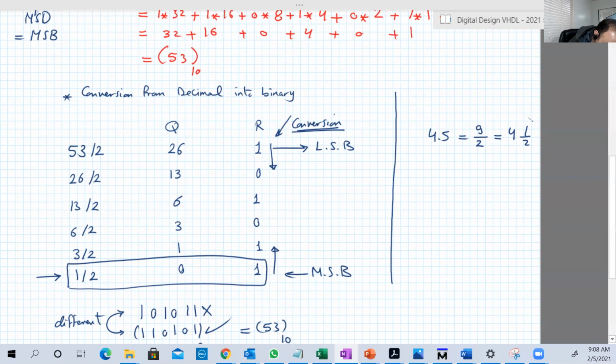Now if you have this 4 and a half, let's analyze this number here. So this is basically a quotient, and this is basically the remainder. So 9 by 2 will give us a quotient of 4 and a remainder of 1. Okay, good. Let's take another example, like 3 by 2. So 3 by 2 has a quotient of 1 and a remainder of 1.